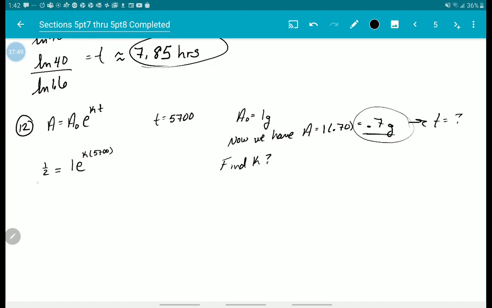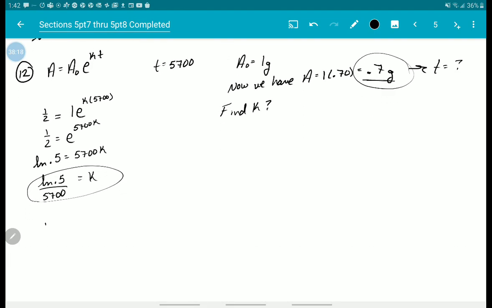So if we simplify this, we're going to have 1/2 is equal to e to the 5,700k. Let's take the ln of both sides. ln of 1/2 is the ln of 0.5. The ln of this e term would just be that exponent. So our k value is the ln of 0.5 divided by 5,700. So there's our decay rate.